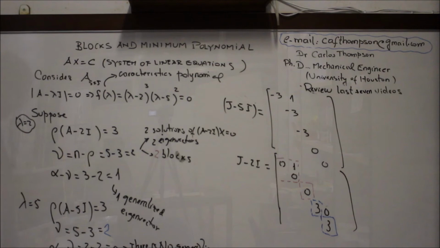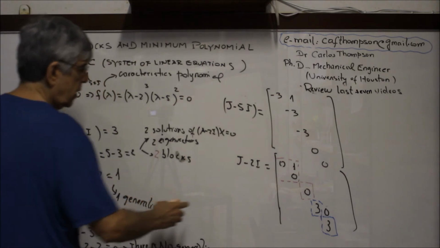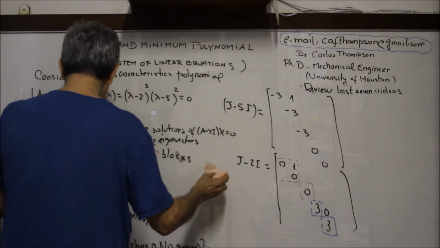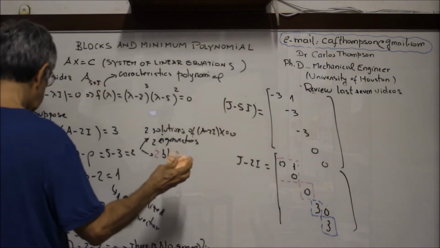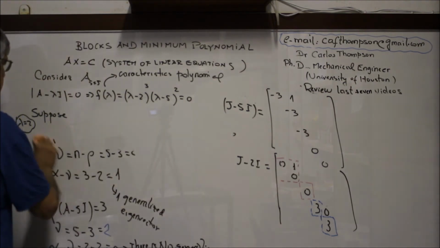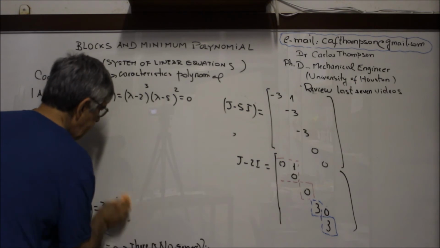Now, I will do as follows. I will multiply this matrix by itself. I'll square it. I will raise it here to have space.